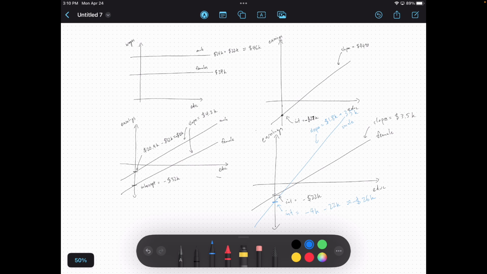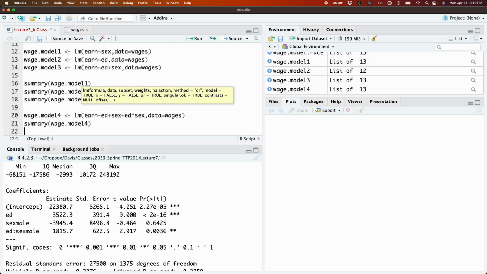Yes? I can see that the gender coefficient is not statistically significant. So could it mean that chances are that they both start from the same intercept in this combined plot? Yeah, that's exactly right.